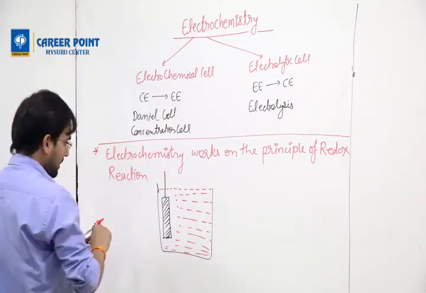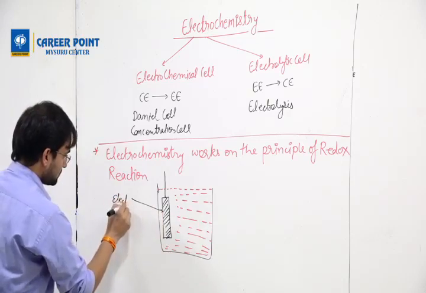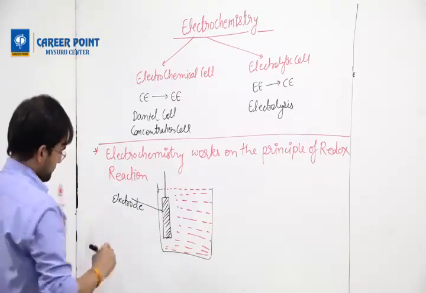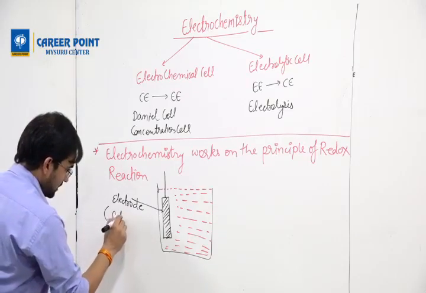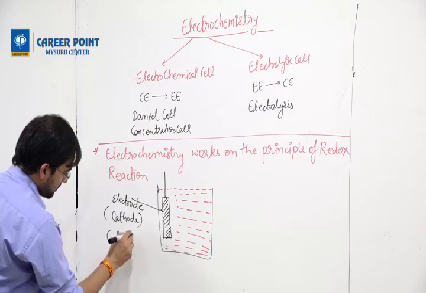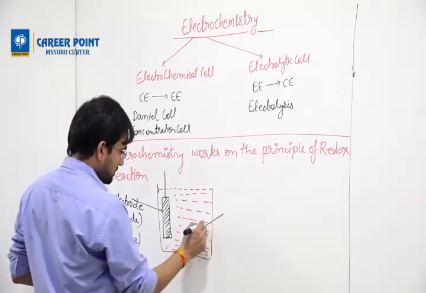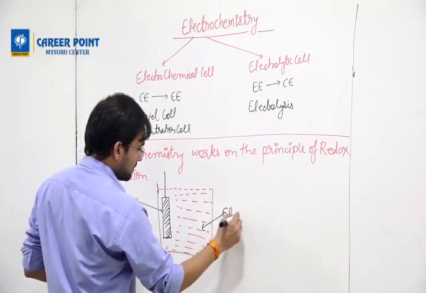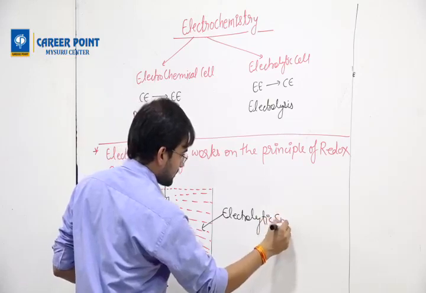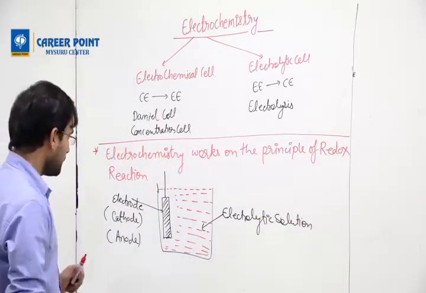Okay, so now this is known as the electrode. Then electrode is of two types. What are those? It could be cathode or it could be anode. Understand? This is known as the electrolytic solution. Okay.